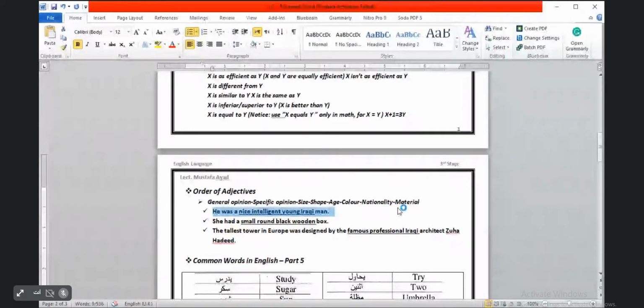Then the specific opinion, أنت رأيك بهذا الشخص إنه هو intelligent, clever, smart. بعدين العمر young. بعدين الناشوناليتي. طبعا لأنه ماكو صفة لا للون ولا للحجم، فلذلك استخدم general، بعدين specific opinion، then the age, then the nationality. Okay, تلاحظ he was a nice intelligent young Iraqi man.